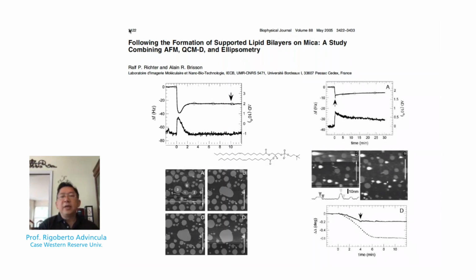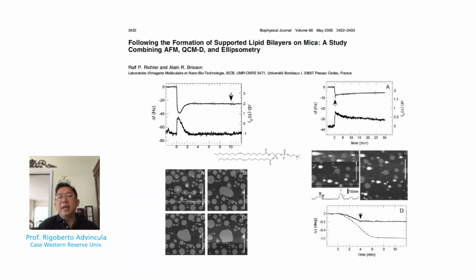So the next graph here above the AFM shows another condition which displays a different frequency shift and dissipation. It so happens that this actually refers to a lower concentration and hence a lower frequency shift.